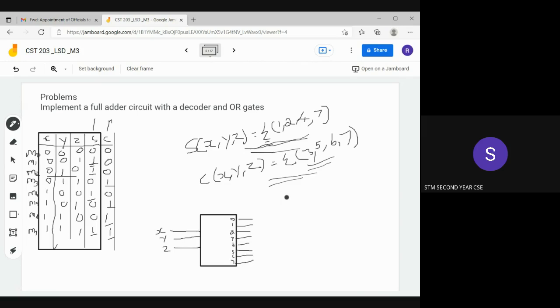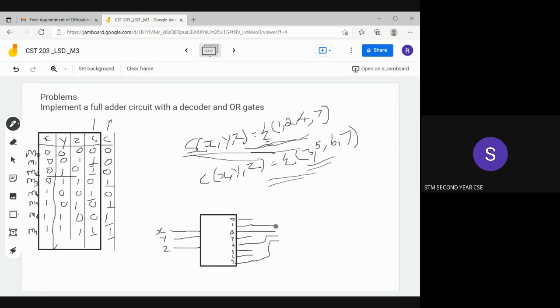In those output lines, when should the sum come? 1 or 2 or 4 or 7. So 1, 2, 4 or 7.